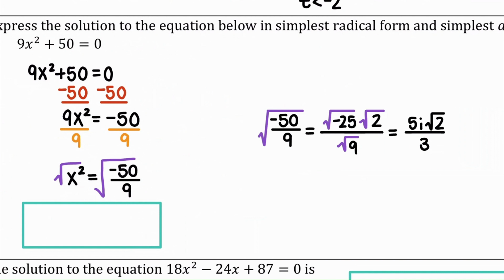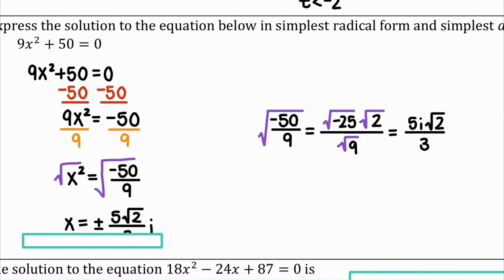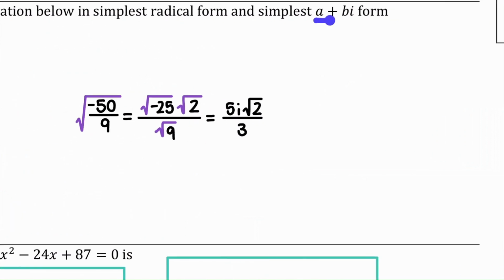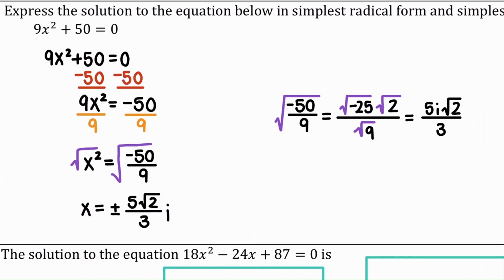So therefore, that gives us our answer, x equals plus or minus 5 radical 2 over 3, with the i at the very end, because we have to write it in a plus bi form. And don't forget the plus minus, because we're changing a quadratic equation into a linear one, so we have to account for the fact that there are two solutions.